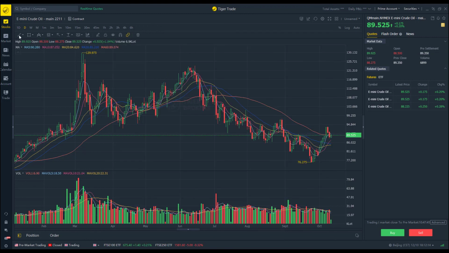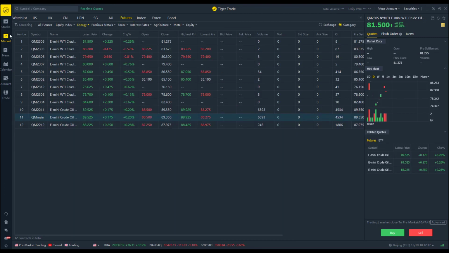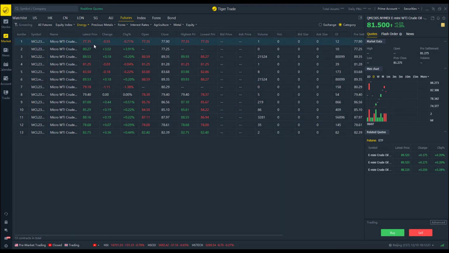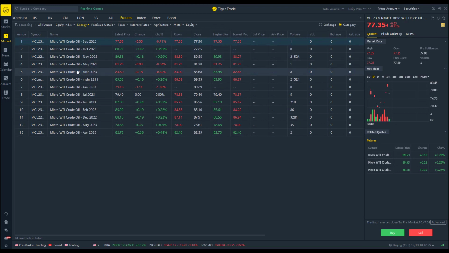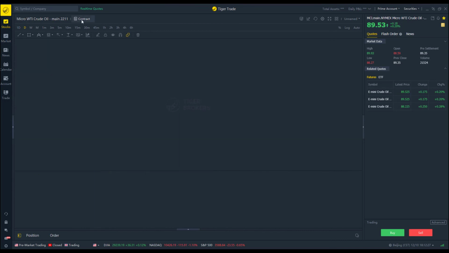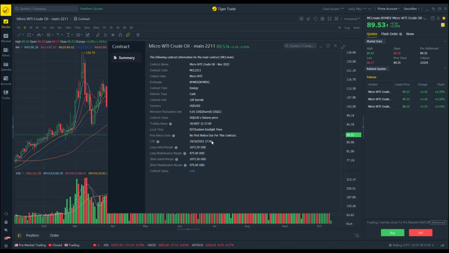And then if we go to the micro, again same process, energy, micro, find the main one again, there it is, click on that, go to contract, and there you can see actually to trade one lot of micro we only need just over $1,000.